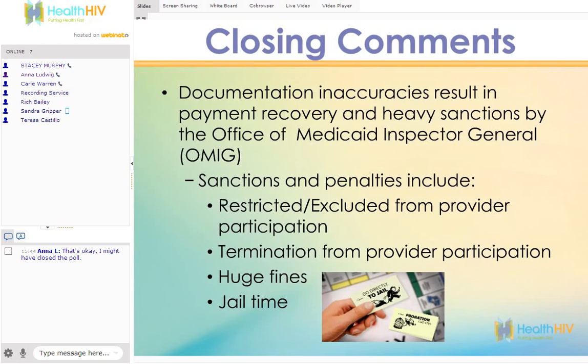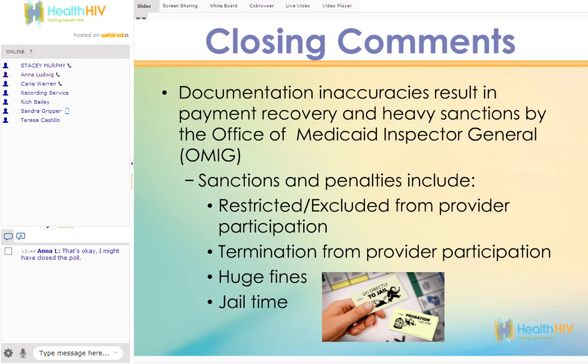Any documentation inaccuracies result in payment recovery and sometimes heavy sanctions and fines by the Office of Medicaid Inspector General and also the Office of Inspector General that oversees the Medicare program. So remember, you're dealing with two levels of IG. You have the Medicaid IG and you have the Medicare IG. So you have to make sure that your documentation is consistent for all of your patients.